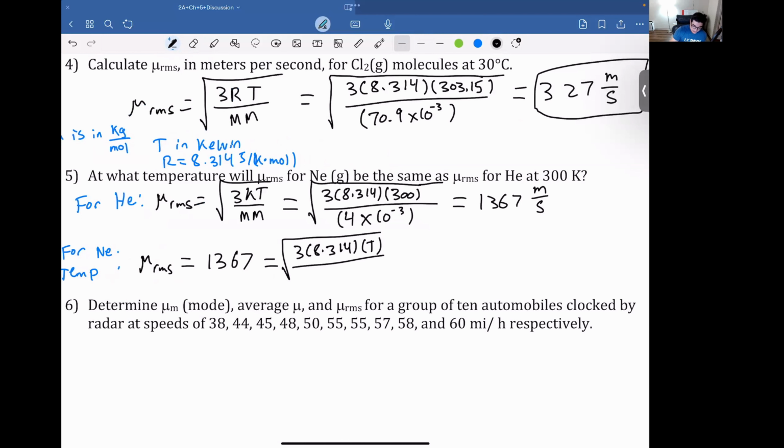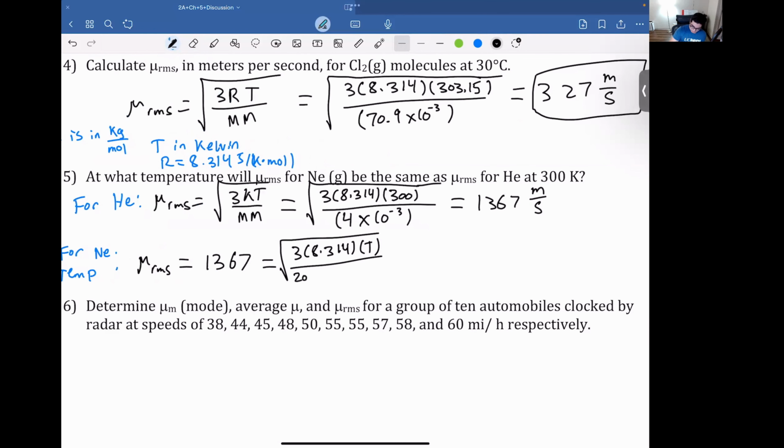Neon has a molar mass of 20.18, divided by 1,000 to convert to kilograms. That's the most common mistake that you'll see on a test, or that you may make, is not converting to kilograms before using this formula.